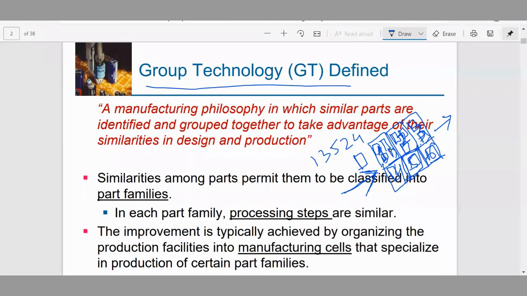These cells are made on the basis of the machines or parts.